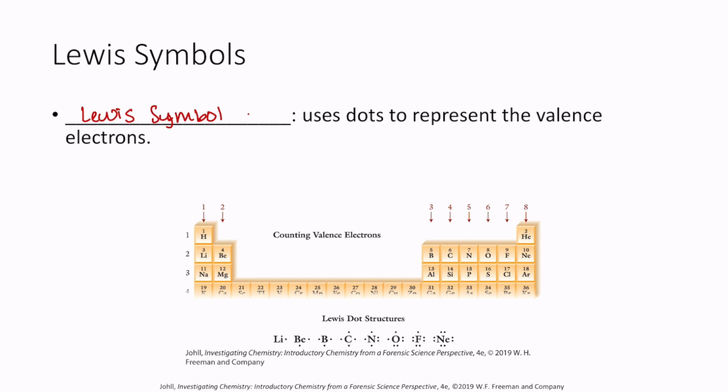So group 1 has 1 valence electron, group 2 has 2, and all the way down to the noble gases, group 8 has 8 valence electrons. To show these valence electrons, we simply draw the number of valence electrons around the atomic symbol.